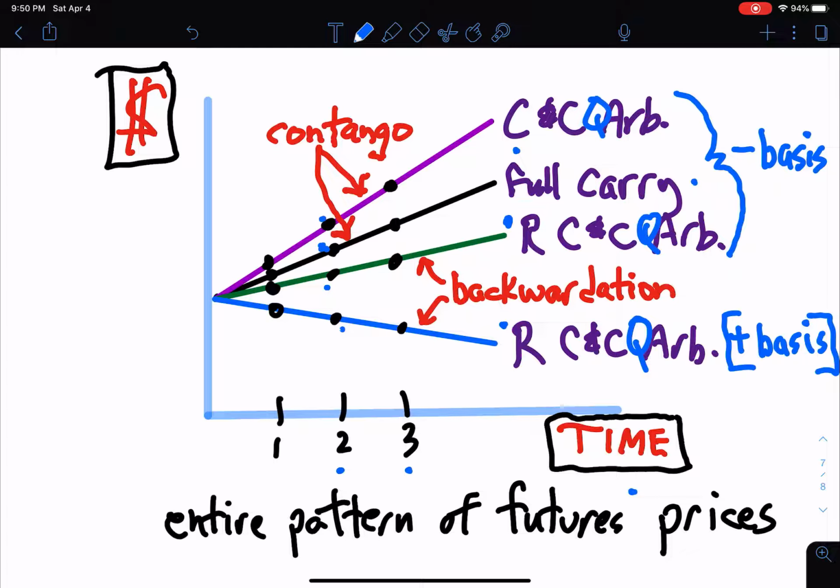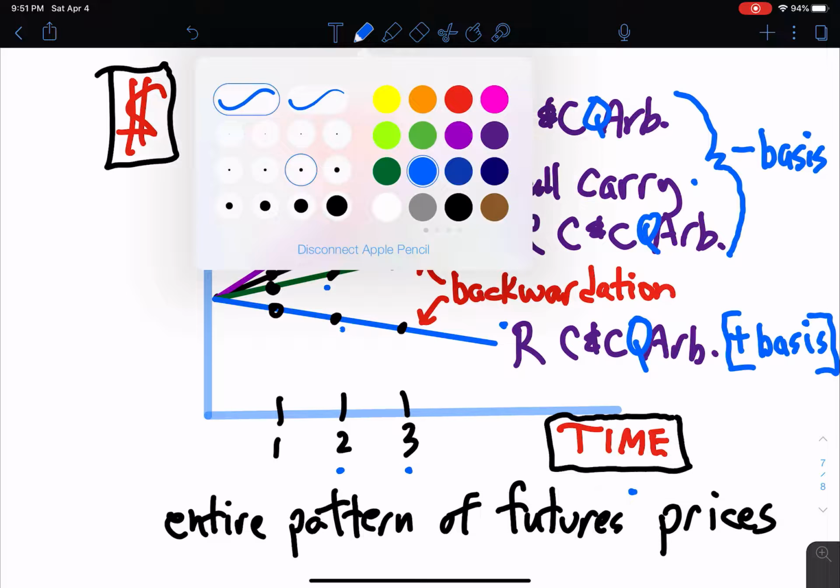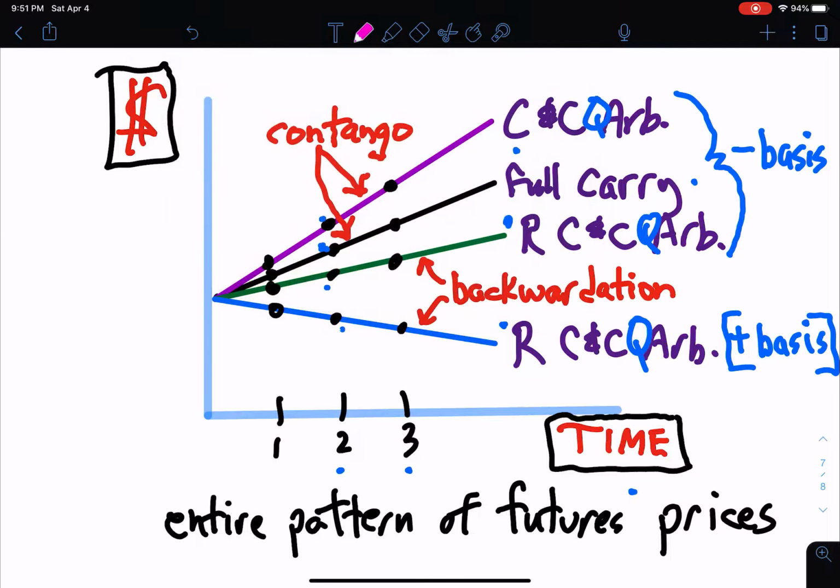Now, the basis is also negative for this reverse cash and carry quasi-arbitrage because you imagine a horizontal line coming across from the spot price here. I'll make it pink. There we go, horizontal line, that's the spot price, right?